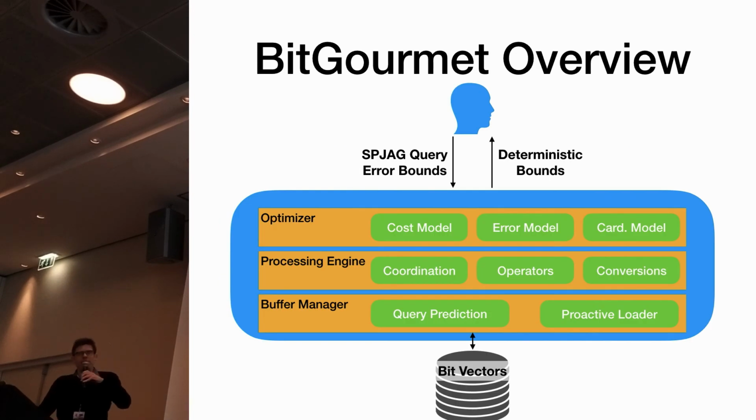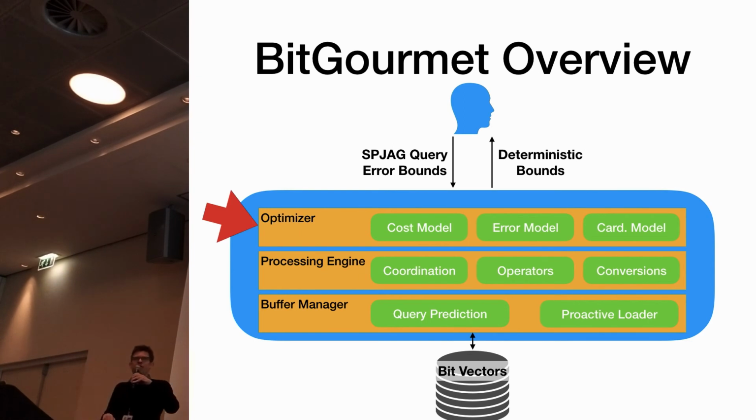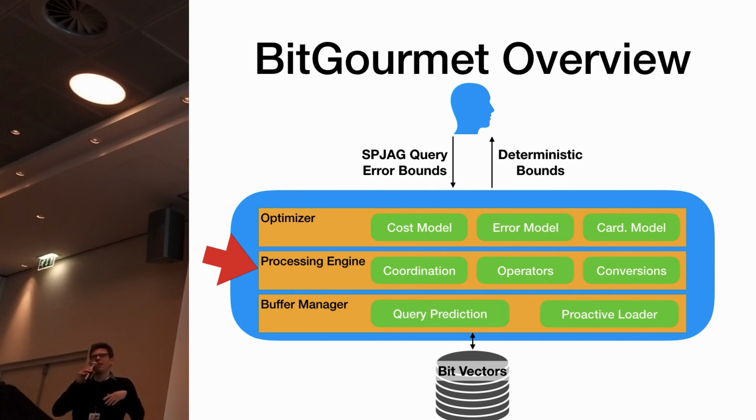Now this example only illustrates a small subset of the features of BitGourmet. We use a scenario-specific optimizer, which I'm going to discuss in more detail on the next slide. We have an execution engine that may dynamically change the representation of data during processing if we believe that it reduces execution cost.